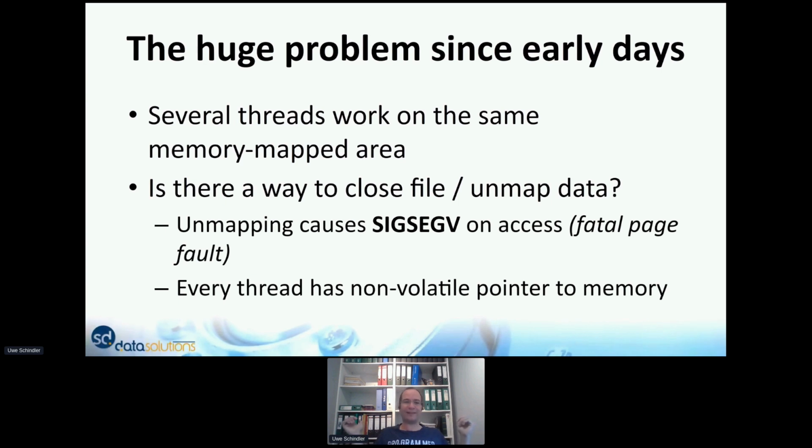And because of that, in the early days of Lucene, they just forbid it, they don't offer an API to do that unmapping. So that means once you have memory mapped a buffer, it stays in the virtual address space forever until the garbage collector figures out that no program code is using the memory mapped area anymore.